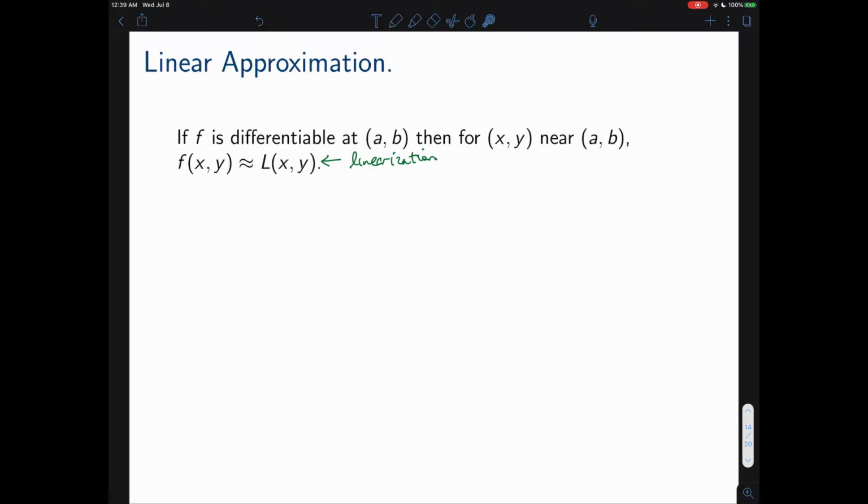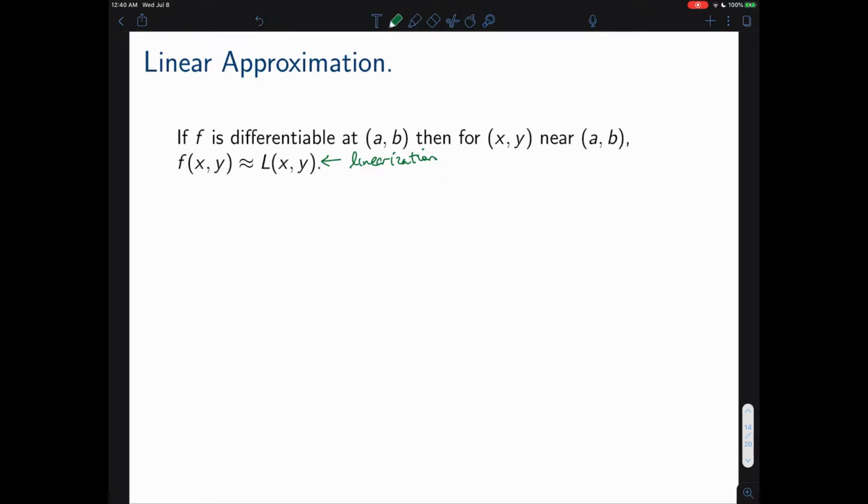So this linearization L is a linear function and it's approximately equal to f, hence the name linear approximation. This might remind you of some things from single variable calculus like Taylor polynomials or tangent line approximation.